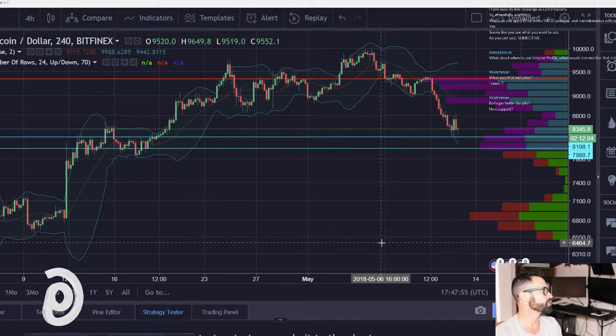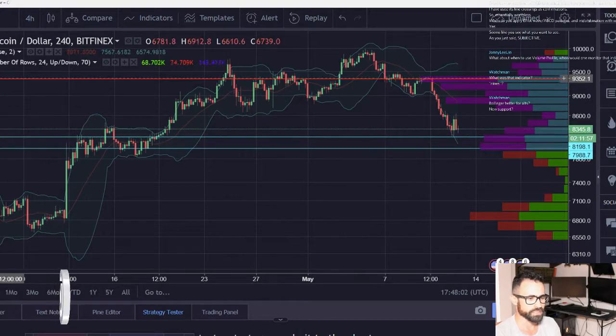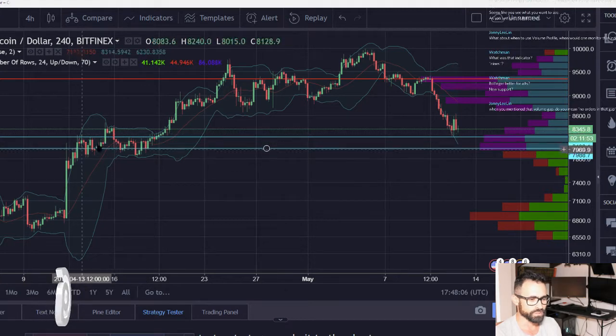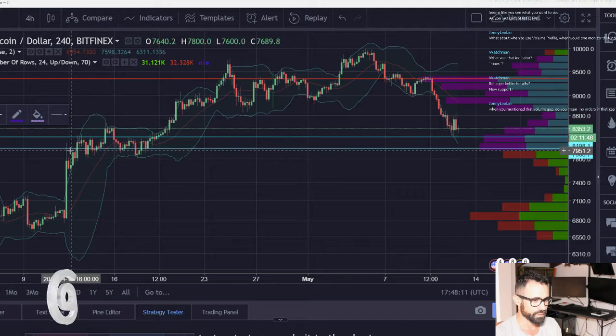So I wouldn't quite call it new support, but we're seeing quite a bit of volume that happened in this range, right? And that's going to be reflected on this chart by all this trading that happened in this zone.